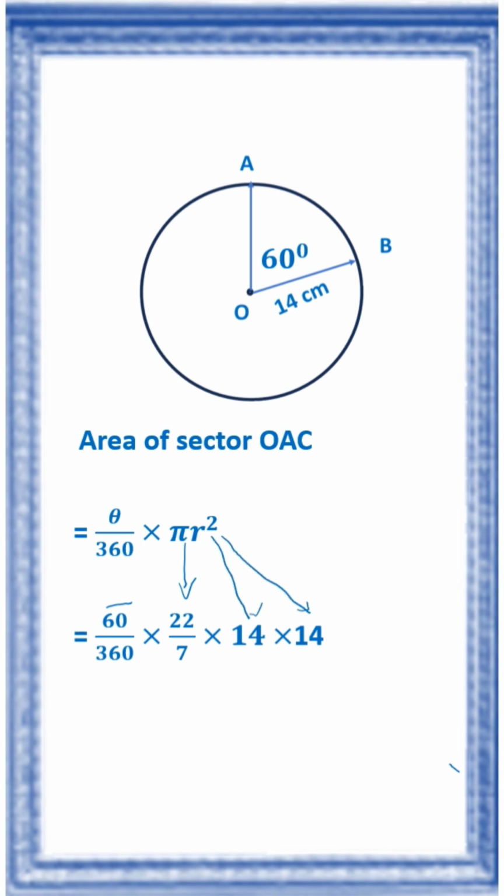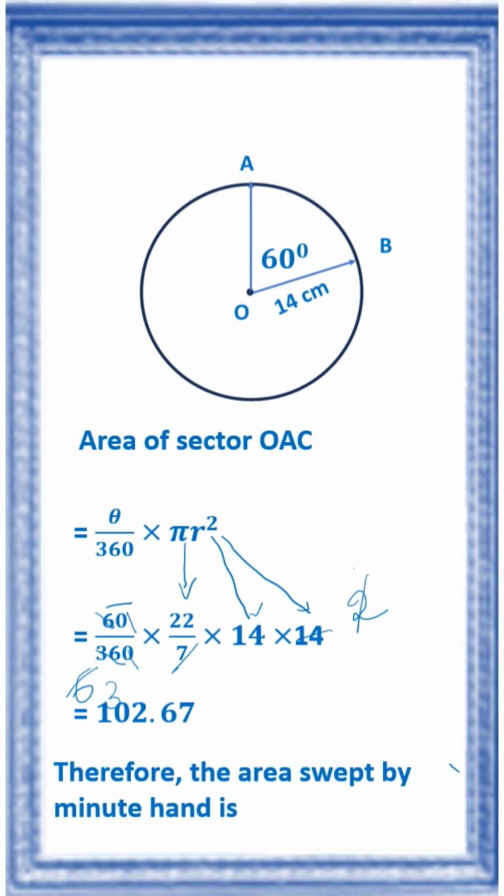Now 7 twos are 14, the 6 and 360 simplify to 1 by 6, and 2 threes are 6. Now we have 22 into 14 by 3, which is equal to 102.67. So the area swept by the minute hand in 10 minutes is 102.67 centimeter square.